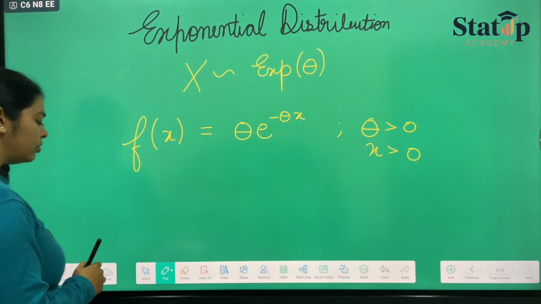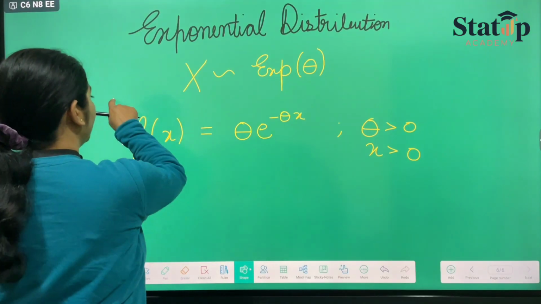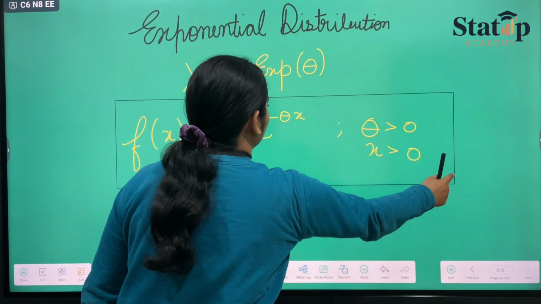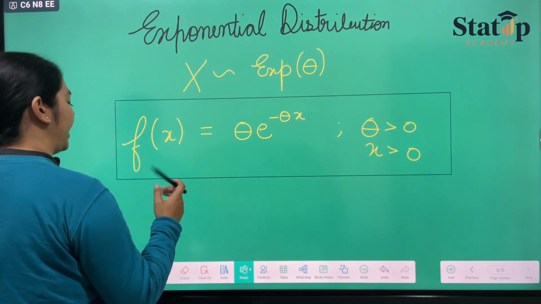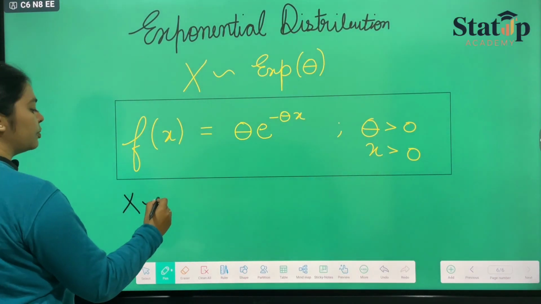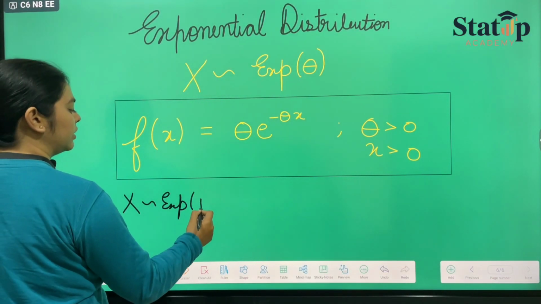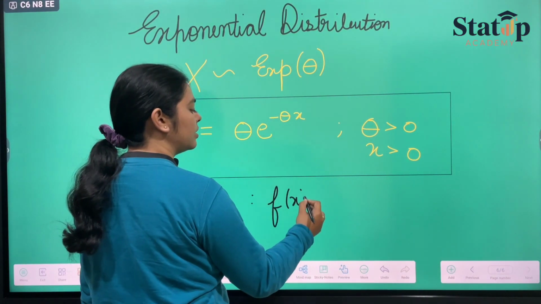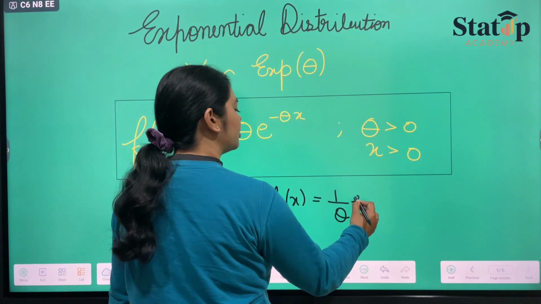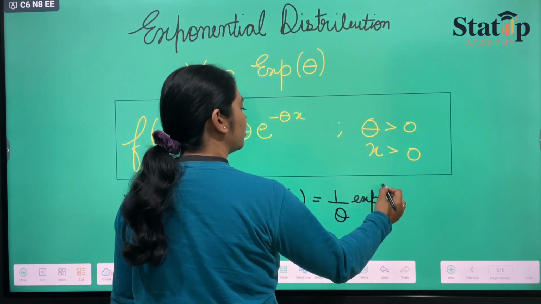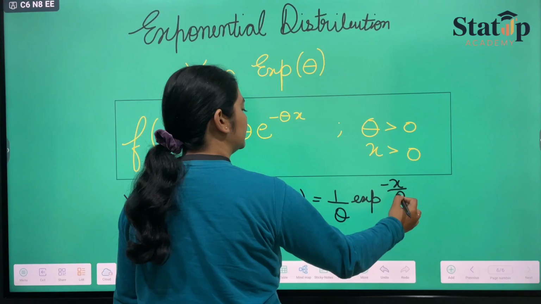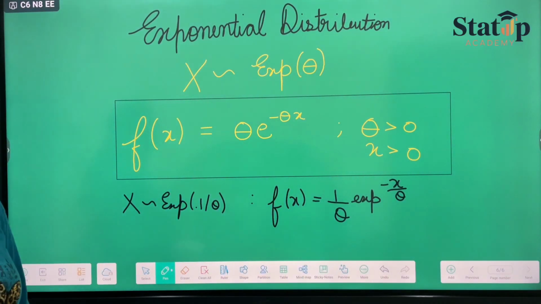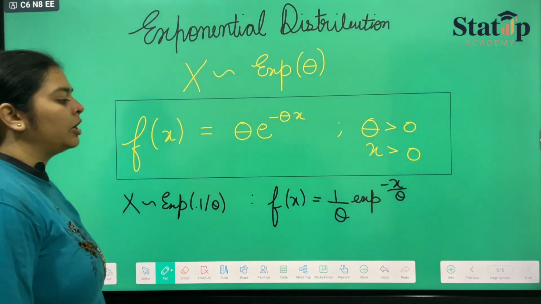This is known as the PDF of our exponential distribution. If x follows exponential 1 upon theta, then the PDF is written as 1 upon theta e raised to the power minus x upon theta. Here also theta and x both have values greater than 0. So this forms the PDF of our exponential distribution with one parameter.